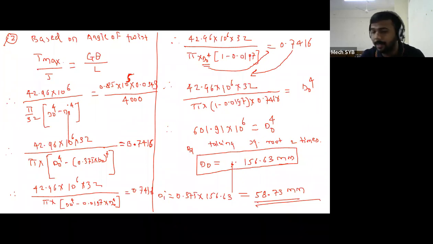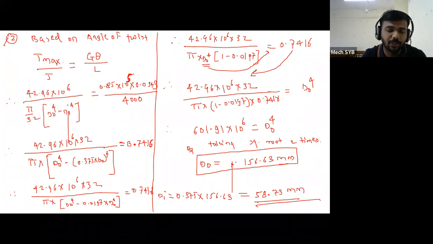Write down: the suitable value of diameter is always maximum value obtained, which we have to consider for designing the shaft, full stop.